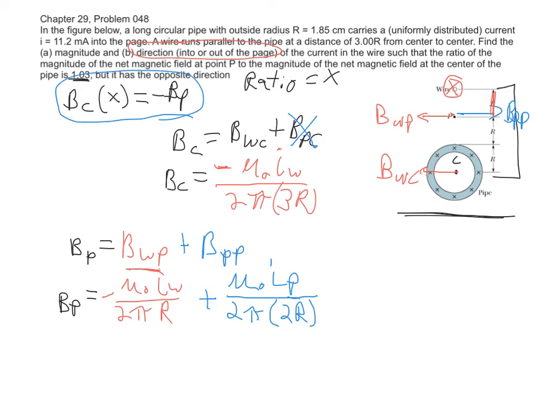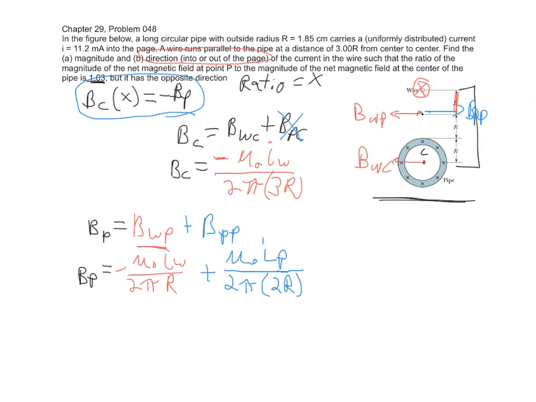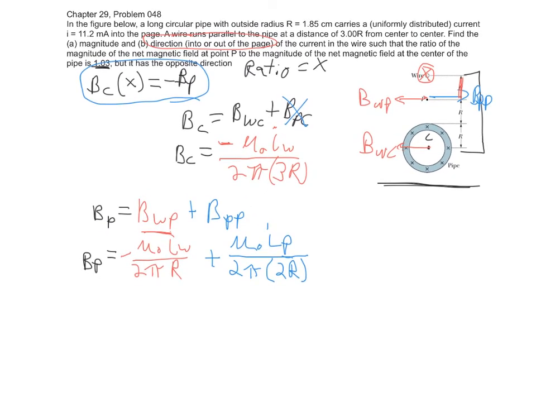So I'm going to scroll down just a little bit, zoom out so we can see everything. So what we have is B_C, negative mu naught I of the wire over 2 pi times 3r, multiplied by my ratio x, is going to be equal to the negative of my B_P.